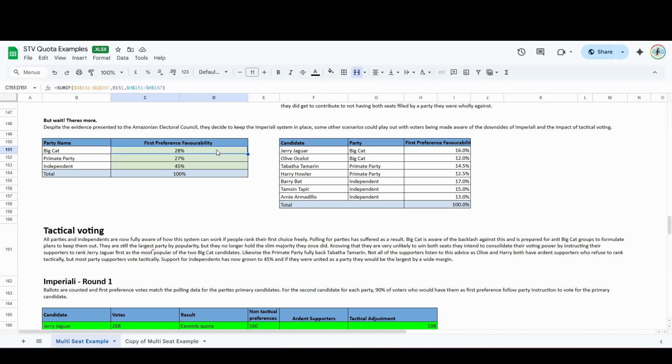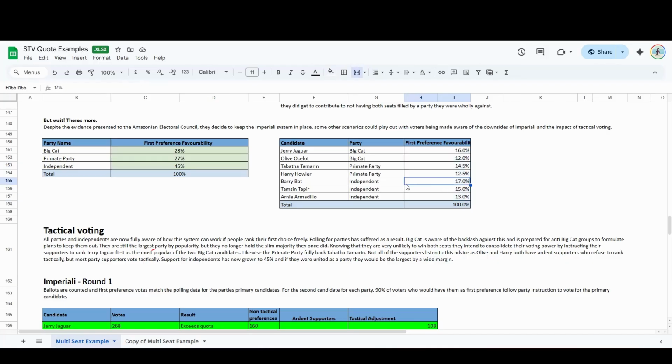So now, while Big Cat is still the most popular party, they now only have a 28% preference rather than 51%. 45% are independents who are just no parties, thank you. And also the distribution of preferences for each candidate is a lot closer.